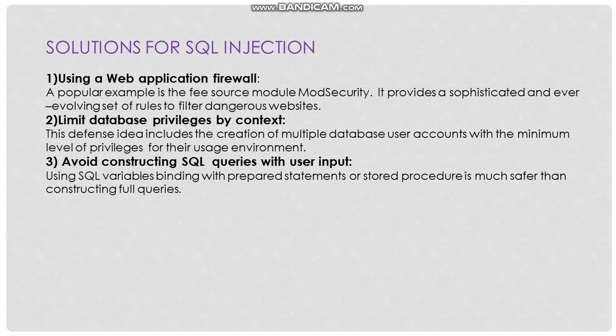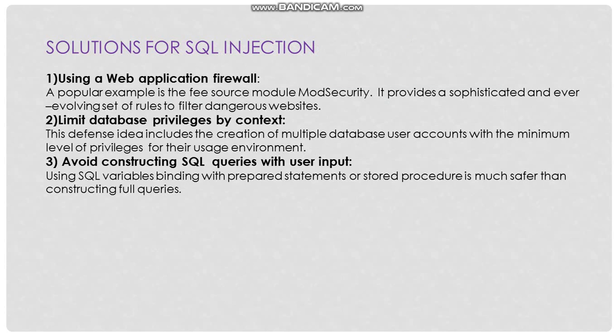Moving on to the second solution, limit database privileges by context. It basically means that you should not connect to your database using an account with admin level privileges unless there is a compelling reason to do so. The third solution to the SQL injection problem is to avoid constructing SQL queries with user input.